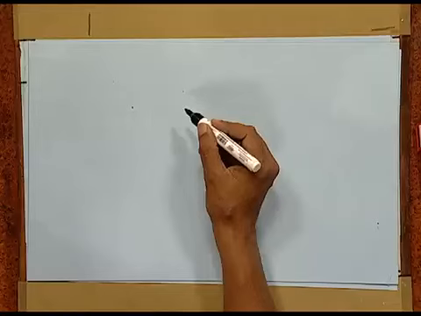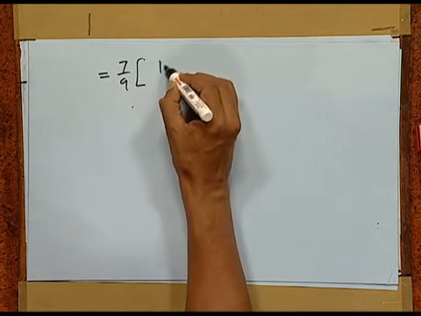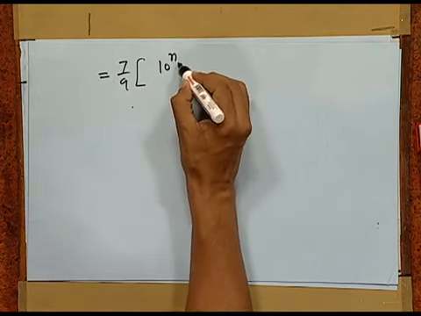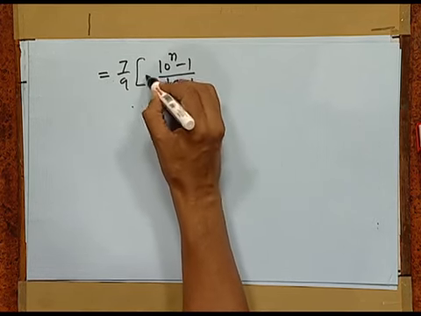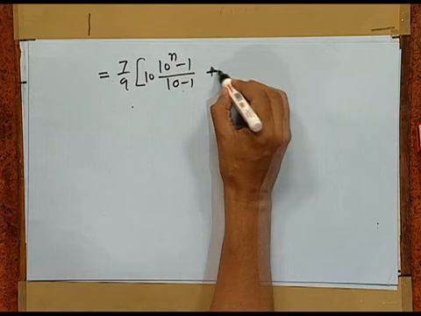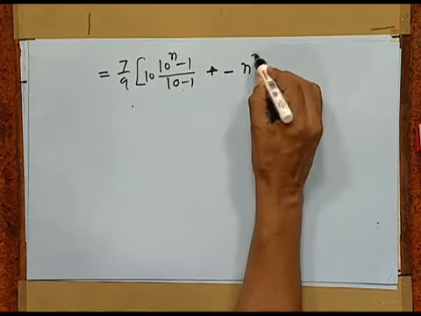Now, look at this. The given sequence is not in GP, but a part of it is in GP. So, we get 7 by 9, 10 raised to power n minus 1 upon 10 minus 1, minus 1 is coming n times, so it is just n.